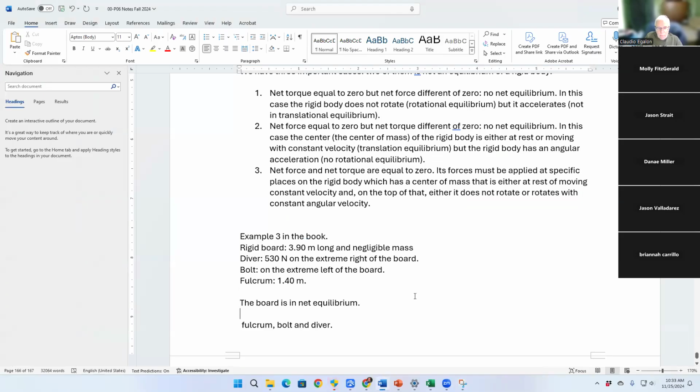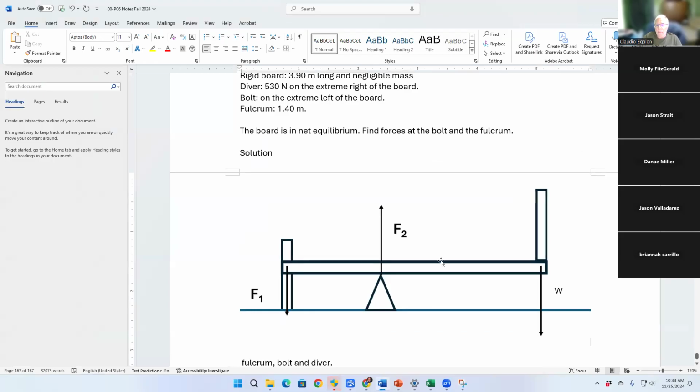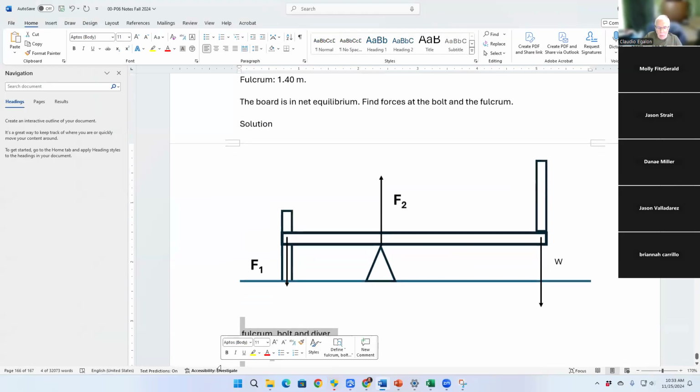Solution. Find the forces at the bolt and the fulcrum. Okay. Solution. So the solution starts with the drawing. Start with the drawing right in here. You know, board in equilibrium.